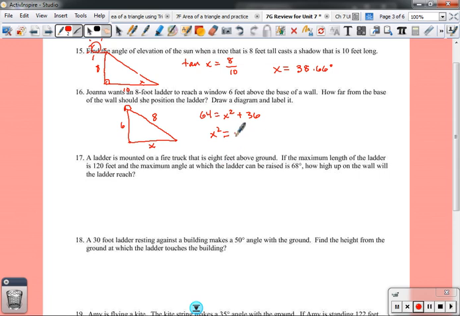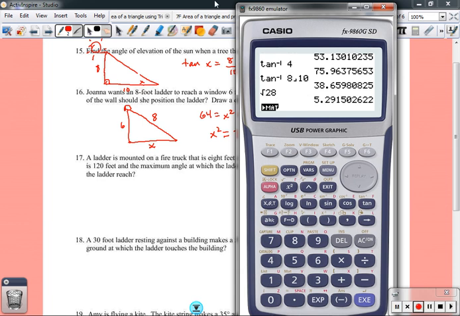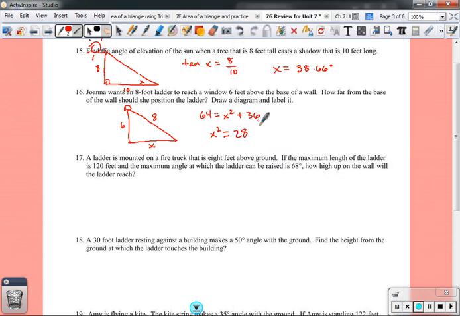If you didn't say 28, get faster on your calculator. And then the square root of 28 is 5.29. And for Miss Ottinger's sake, we'll put feet.